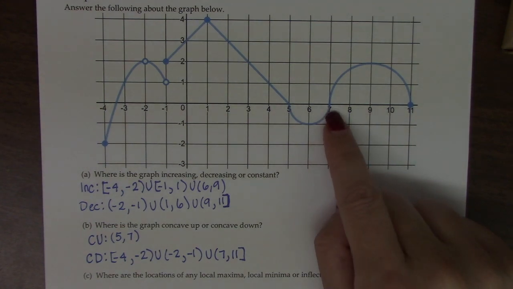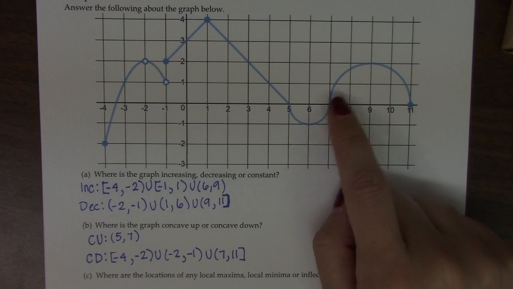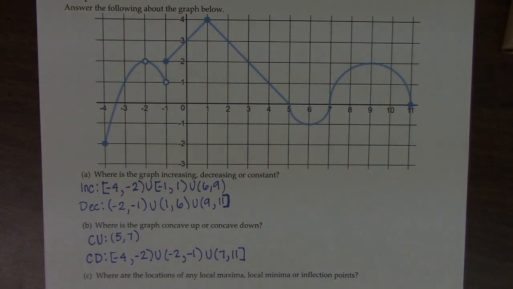Notice I did not include 7 in concave up, and I did not include 7 in concave down, because it can only belong to one or the other. If you say it's concave up here, then the graph picks right back up there and turns concave down. So this is actually an inflection point. In the same way turning points are neither increasing nor decreasing, inflection points are where it's changing concavity, so we do not include those in our intervals.